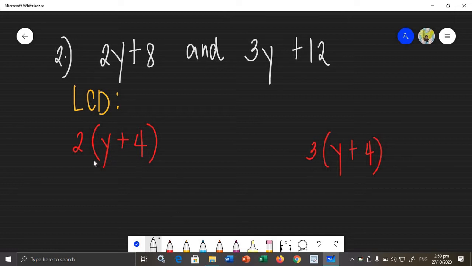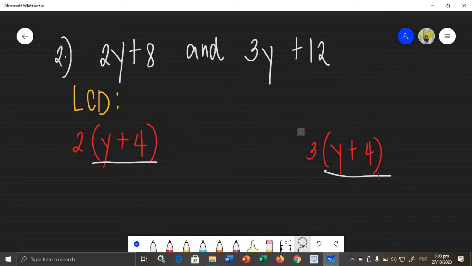But then, as you can see, the factorizations have a common factor. They both have y plus 4. Okay? So what we will do, instead of writing y plus 4 twice, we will count this as 1.